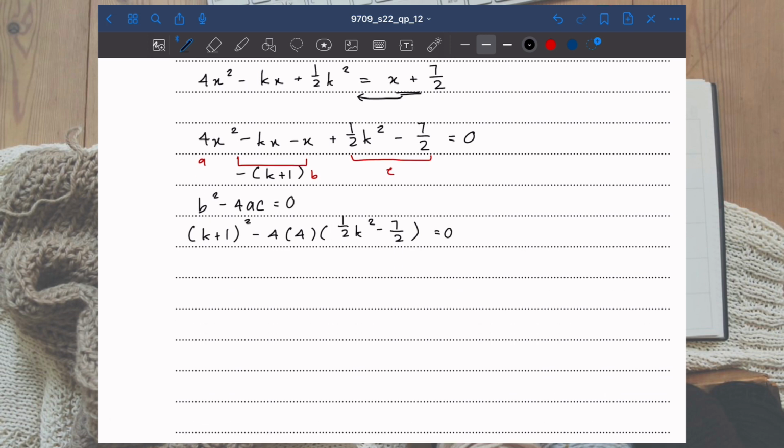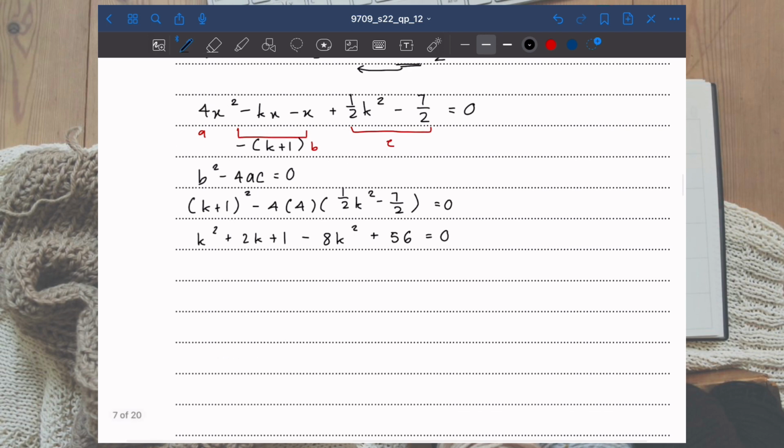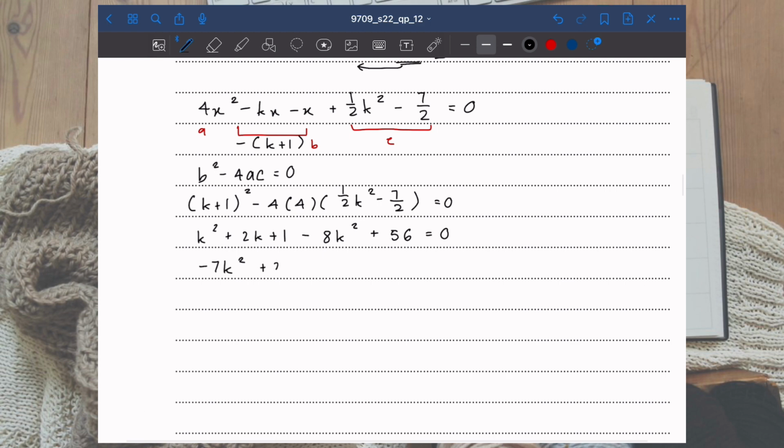So then we'll get k squared plus 2k plus 1 minus 8k squared plus 56 equals 0. So simplifying, we get negative 7k squared plus 2k plus 57 equals 0.